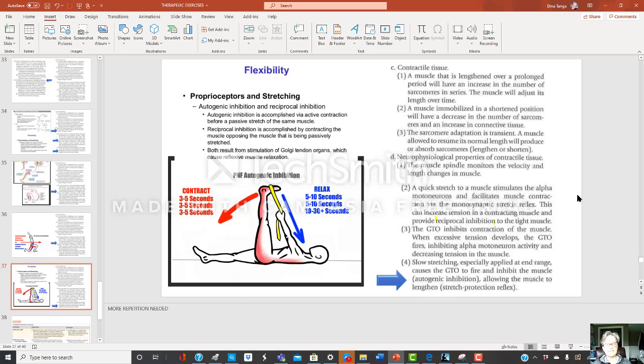So you're actively contracting the hamstrings 3 to 5 seconds before you passively stretch the same muscle. That's autogenic inhibition.